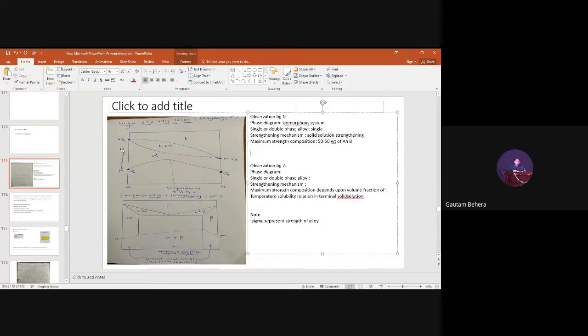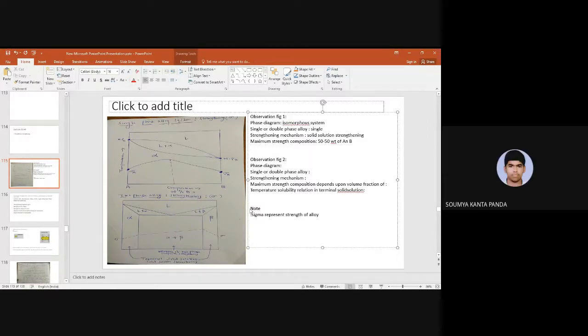So can anybody figure out the relationship between this melting point and that melting point? Carefully look at the figure. Sir, the higher the melting point, the higher the strength.